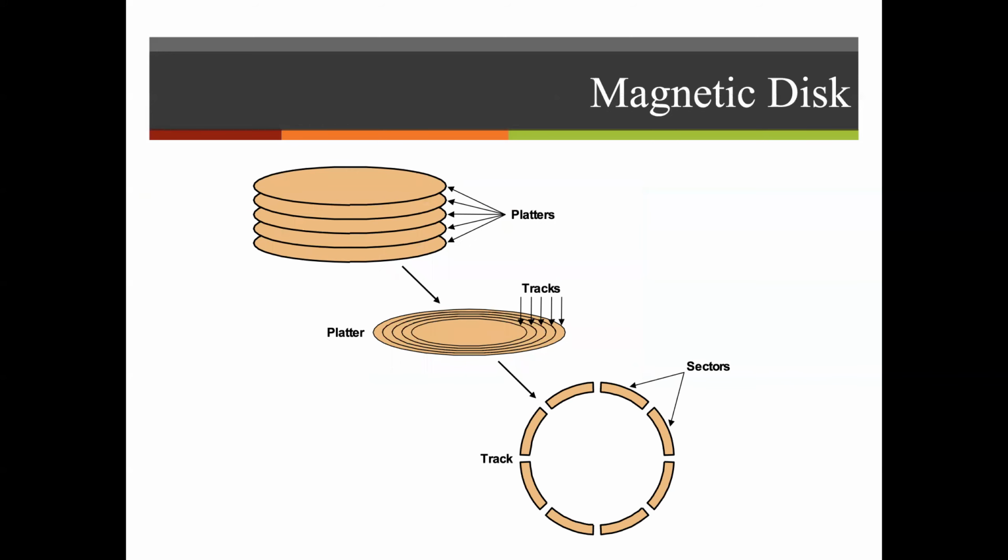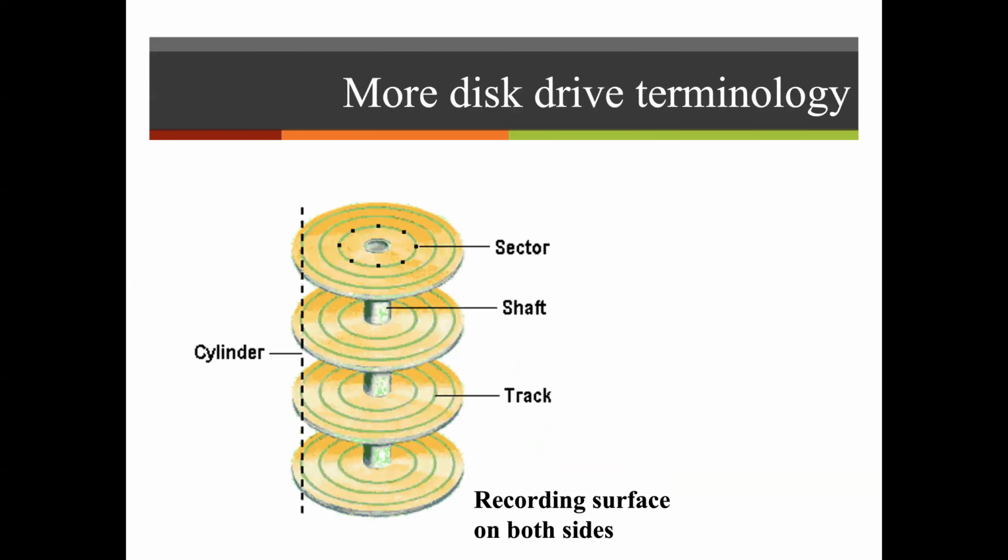head position. And so if you want to break these down at a more component level, you can have your platters that are aligned, and each platter is going to have specific tracks on it where the data is recorded. And then it's also split into appropriate sectors. And so in this case, it's important to keep in mind that you can also record on your disk drive on both sides of it.